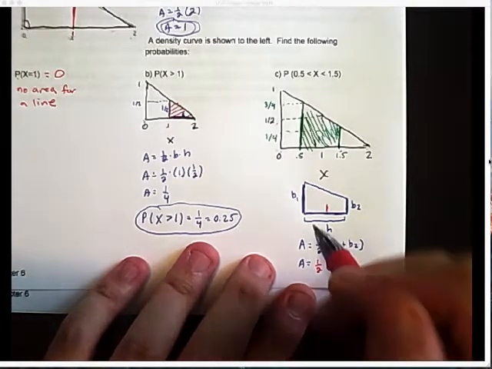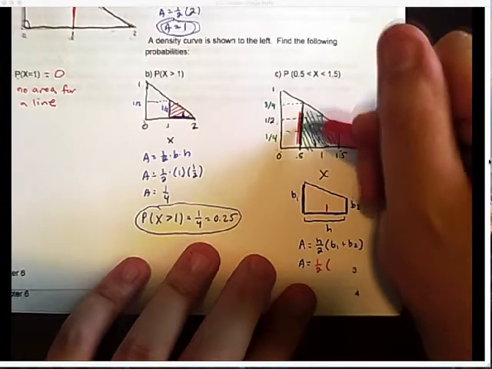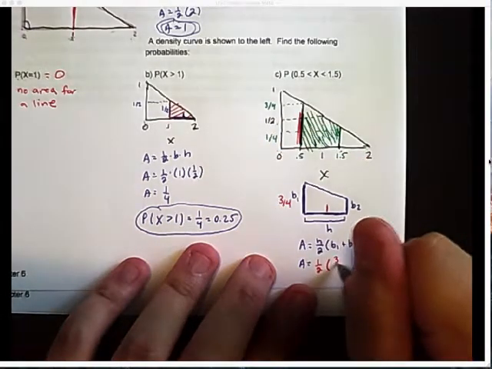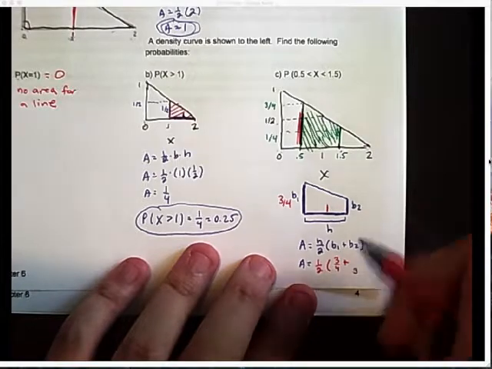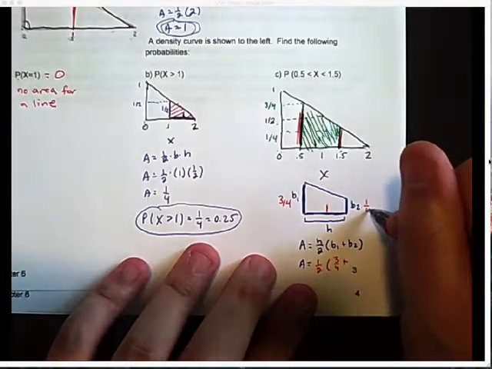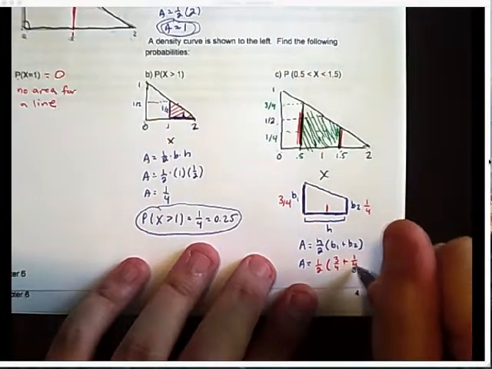Now, this is base 1. How high does it go? It goes 3/4. What about base 2? That only goes up 1/4.